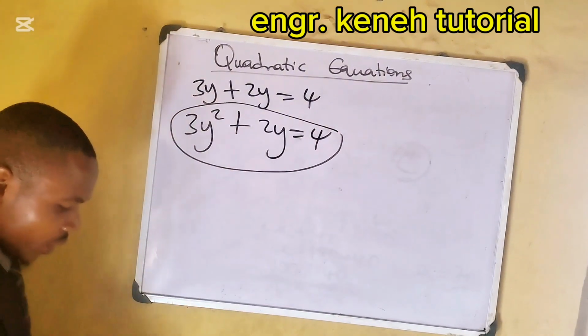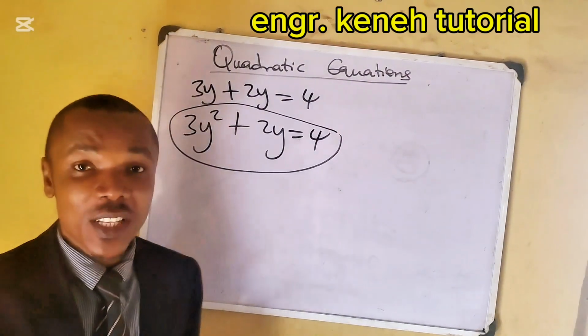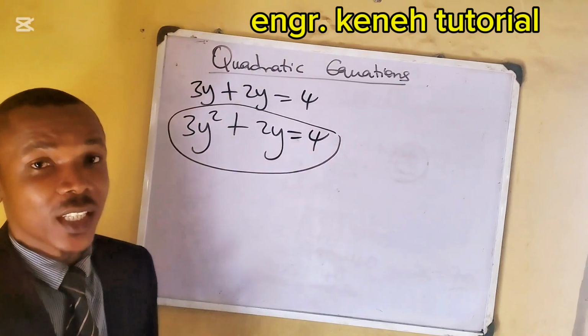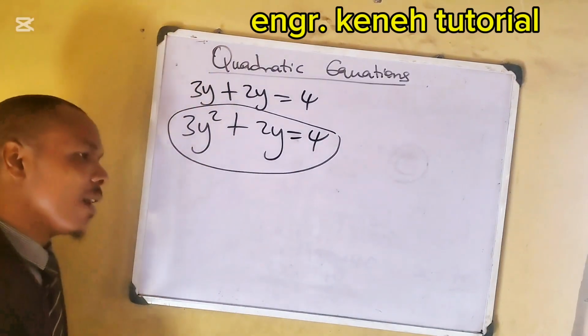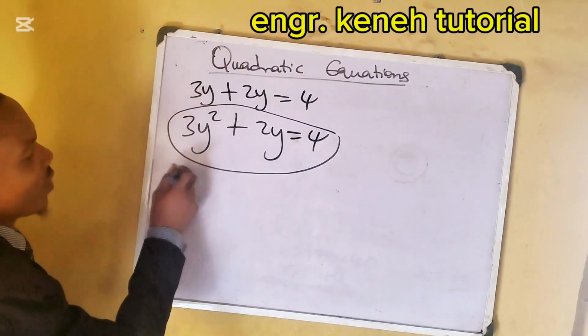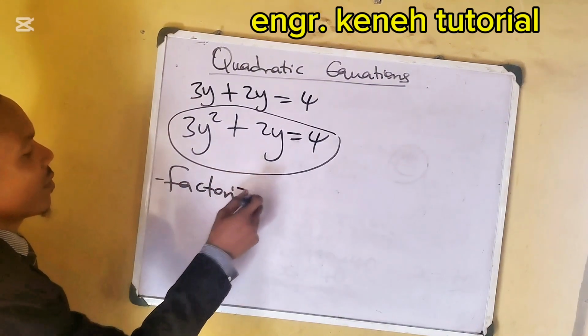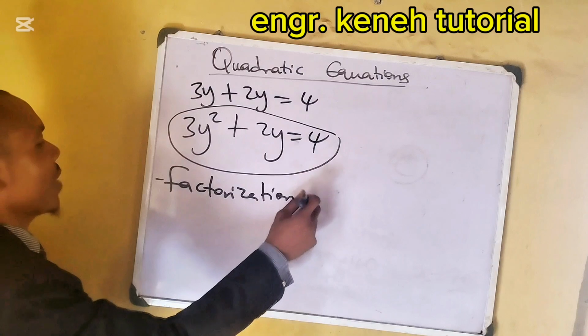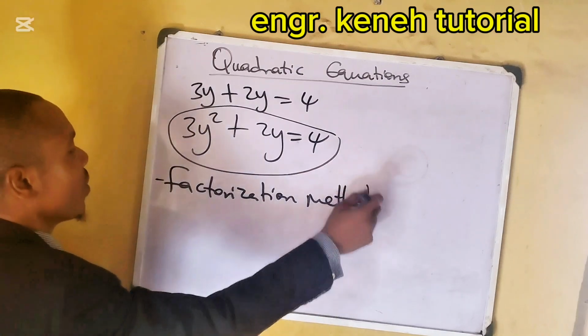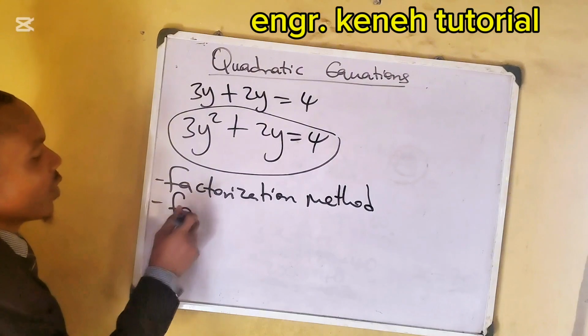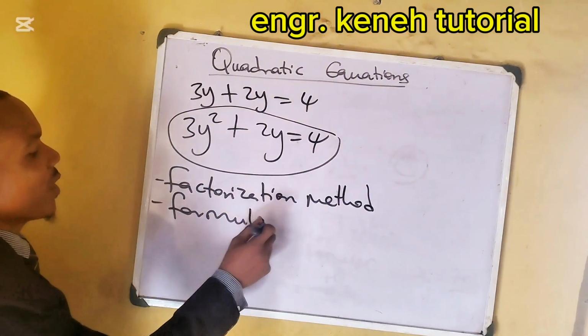When you want to solve equations like this, that is quadratic equations, we have different methods. We have the factorization method of solving a quadratic equation. Then we have the formula method of solving it.